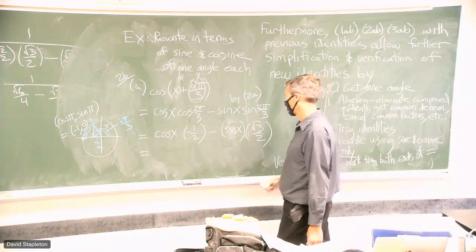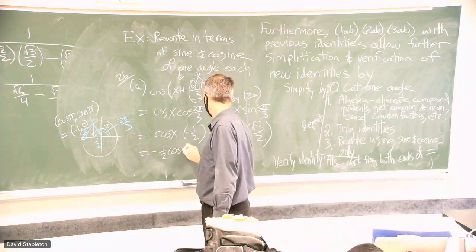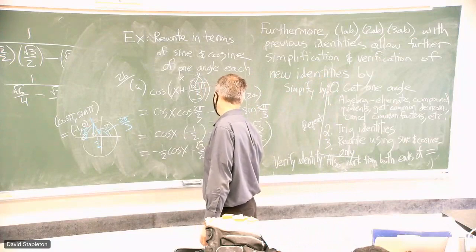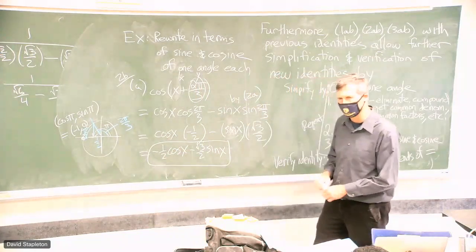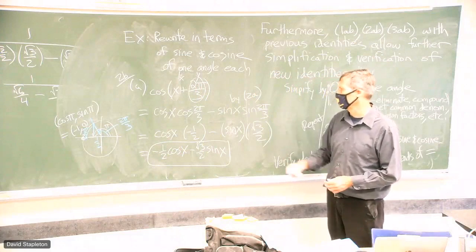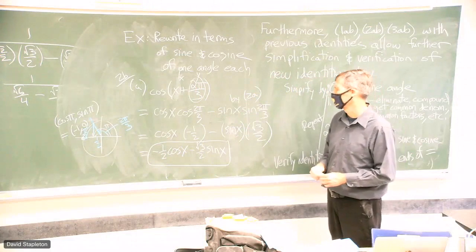All right, and so I can rewrite this as -1/2 cosine x minus square root 3 over 2 sine x. And now I've written it in terms of sine and cosine of the angle x only, which can be convenient if I'm measuring that. I don't have to add it and take something. So sometimes it's better in this, sometimes it's better in that, but that's how you rewrite that. Okay.